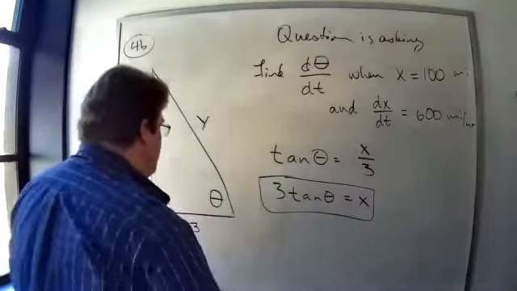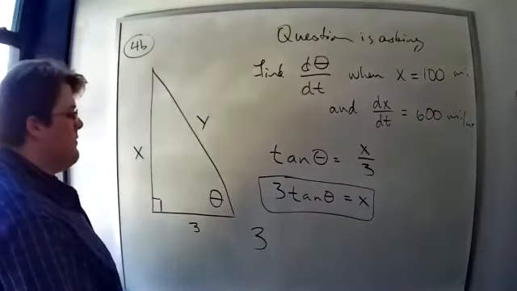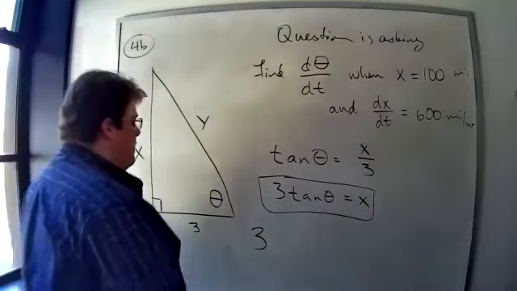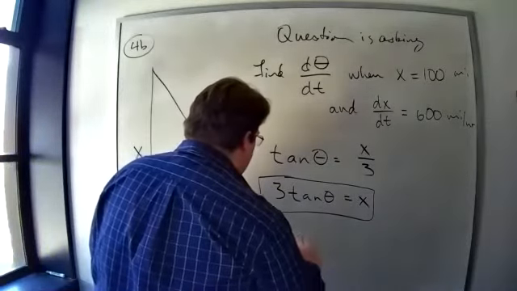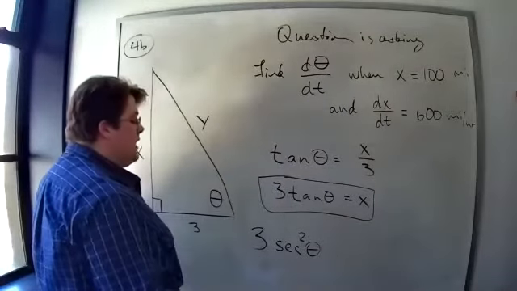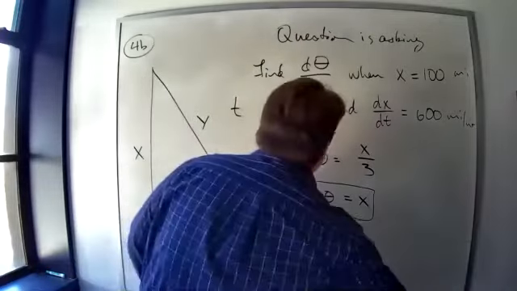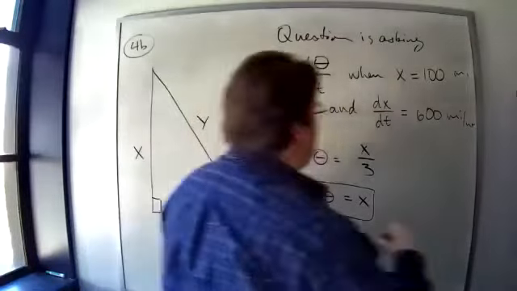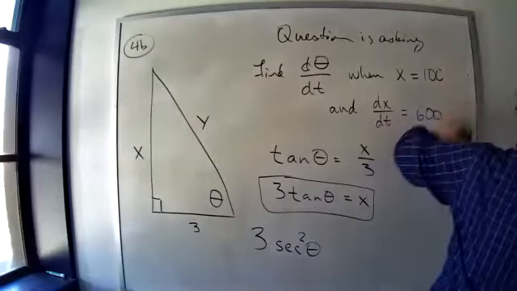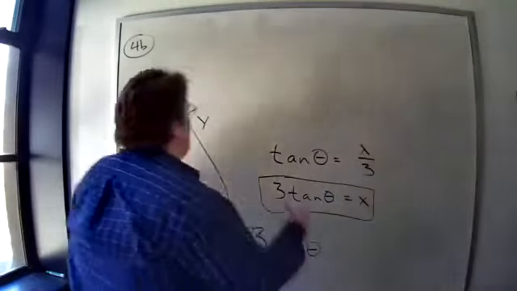3 carries through. Tangent of theta. What's the derivative of tangent of theta? Secant squared of theta. But then we need the chain rule. If you're taking notes, you probably wrote this sentence down, but I'm going to have to erase it to illustrate everything I want.